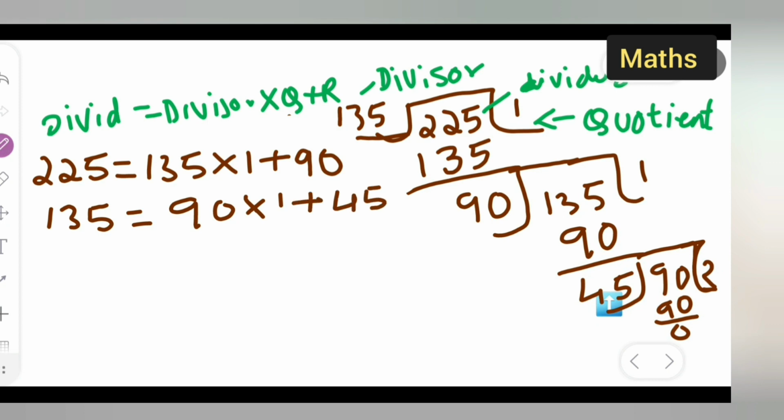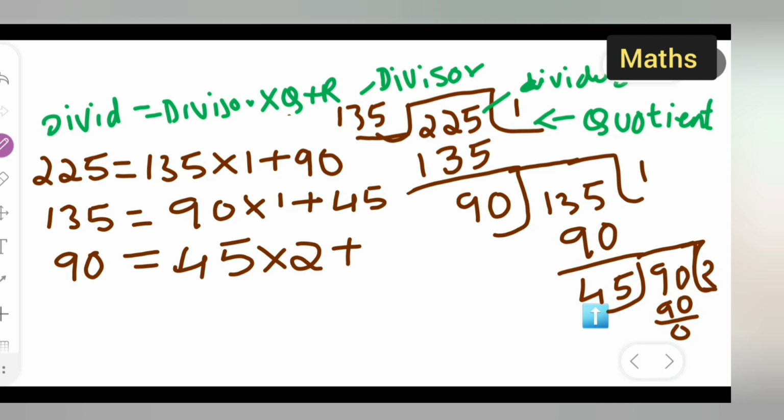In step 2 also you didn't get a zero remainder, so next will be 90. That will be the third one. The dividend is 90 and the divisor is 45. You multiply 45 with 2 and you get 90, so 2 is your quotient and the remainder is 0. So from here you have to stop.